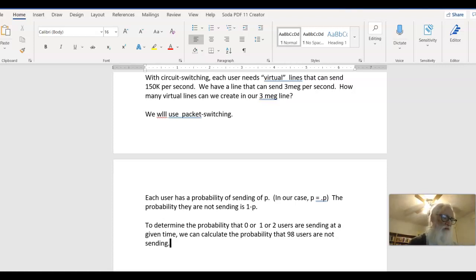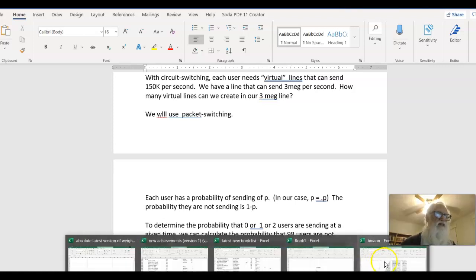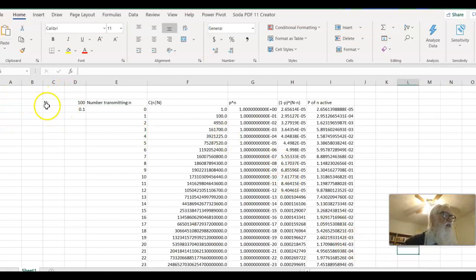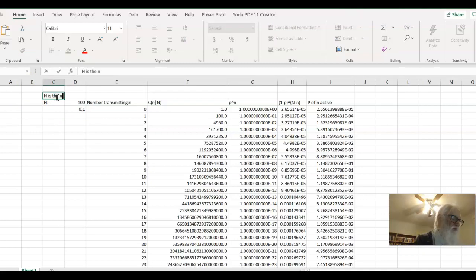Actually, this is known as the binomial distribution. And I created an Excel sheet for it. So I'm going to go and look at the Excel sheet now and try to show what I'm doing with it. So it's this one here. So N is the number of users.